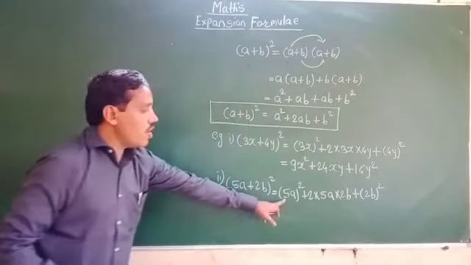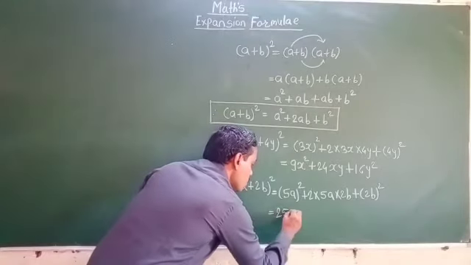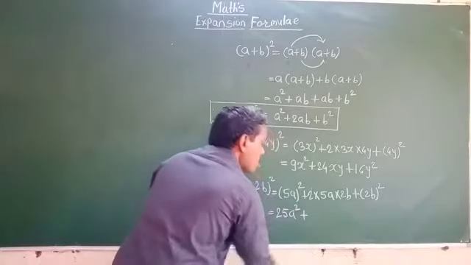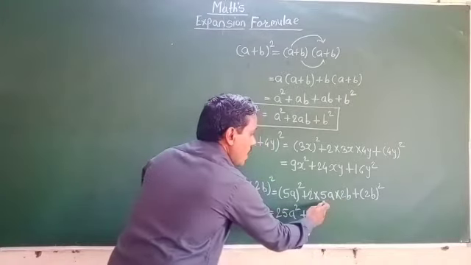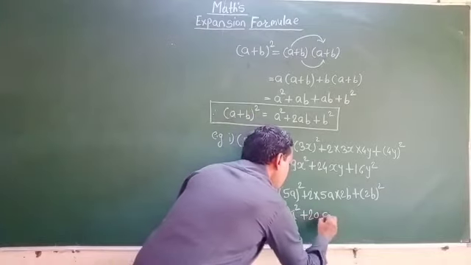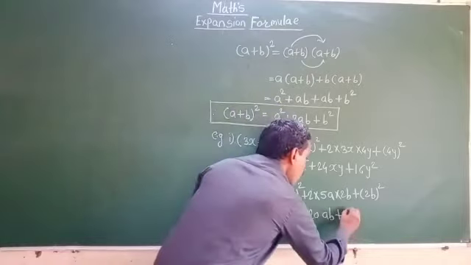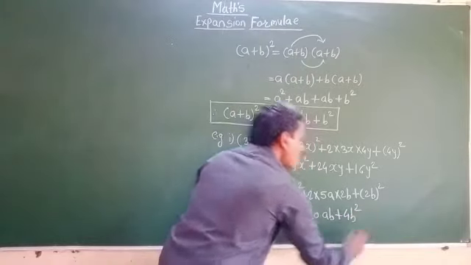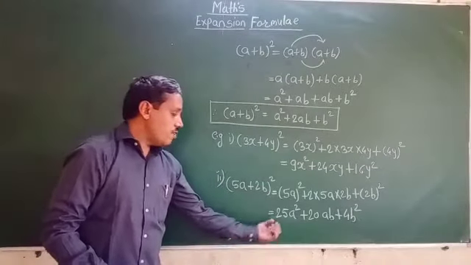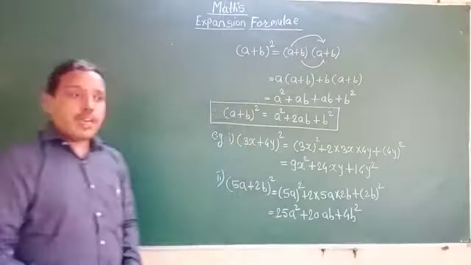The square of 5 is 25, so 25a square, plus 2 5s are 10, 10 2s are 20, ab, plus the square of 2 is 4, 4b square. So the expansion of (5a plus 2b) square is 25a square plus 20ab plus 4b square.